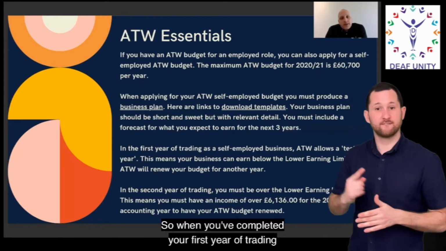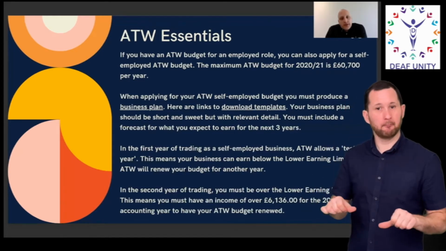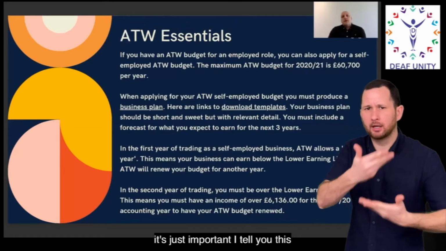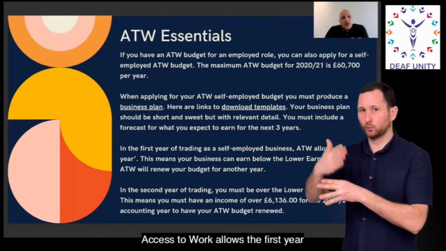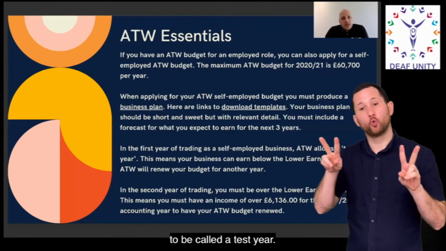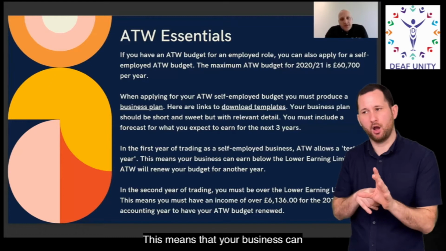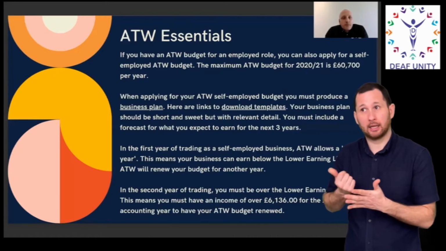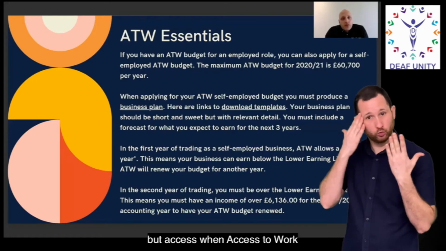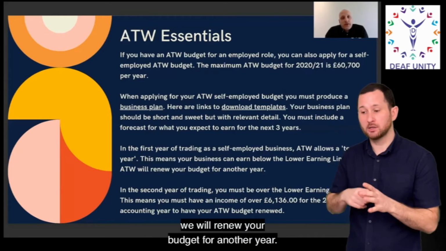When you've completed your first year of trading, it's important I tell you this. Access to Work allows the first year to be called a test year. This means that your business can earn below the lower earning limit, but Access to Work will renew your budget for another year.